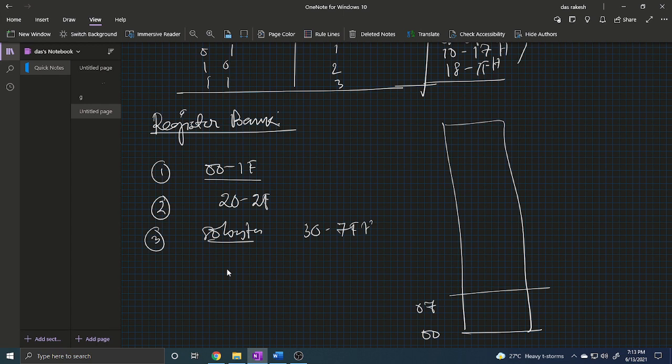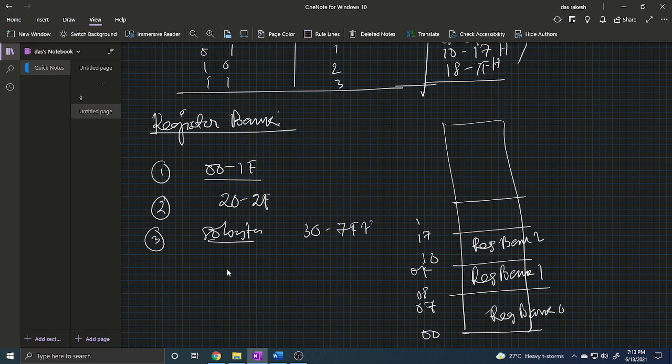So this is for 00 to 07. This is register bank 0. Now starting from 08 to 0F, this is register bank 1. Next, from 10 to 17, this is register bank 2.